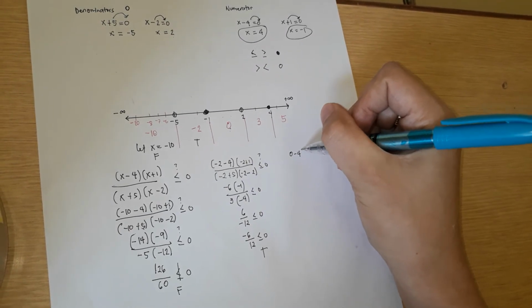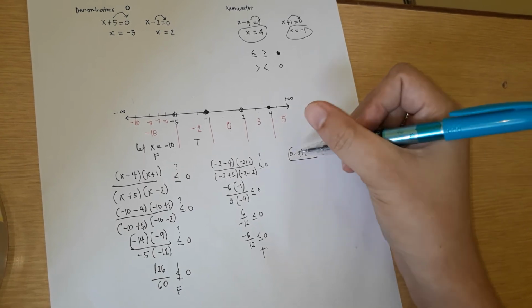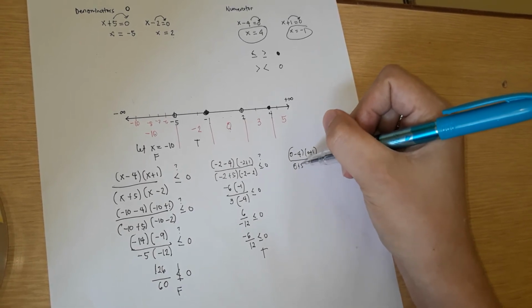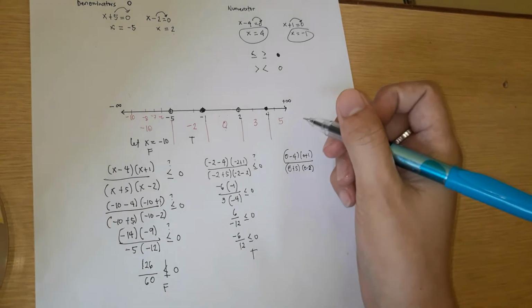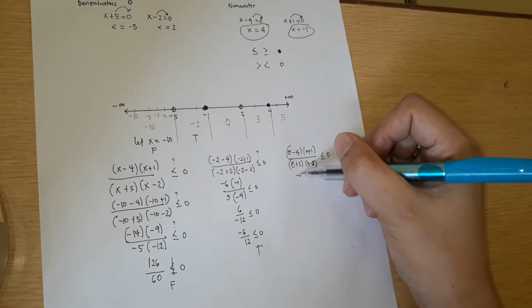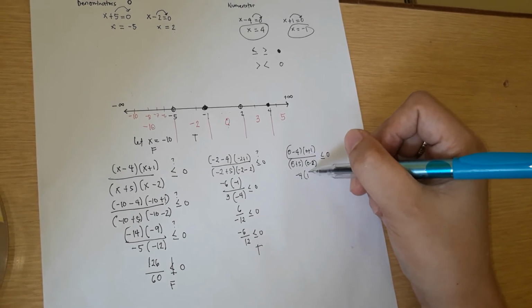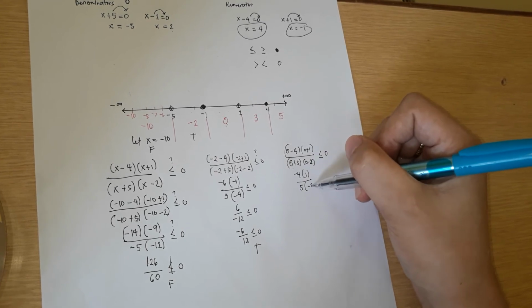0 minus 4, 0 plus 1, over 0 plus 5, 0 minus 2, should be less than or equal to 0. 0 minus 4, that's negative 4. 0 plus 1, 1. 0 plus 5, 5. 0 minus 2, negative 2.